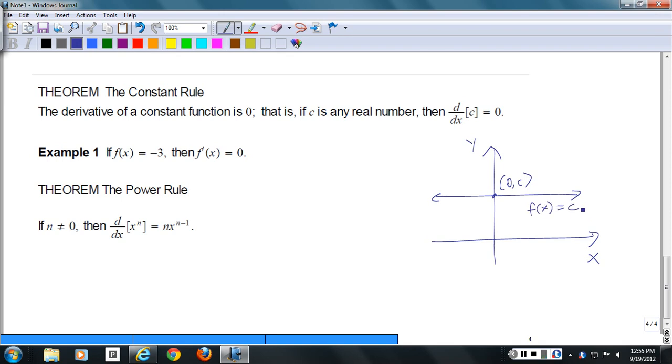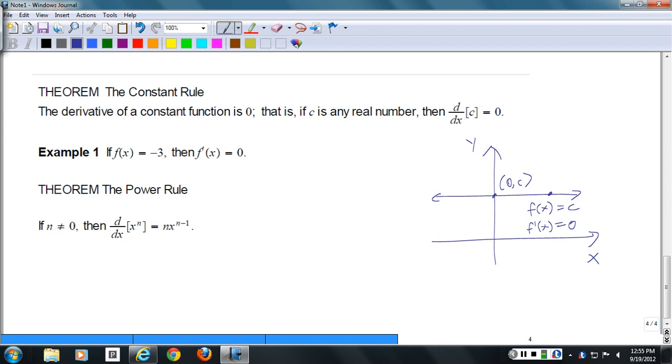If I pick any point on this graph, and then consider the tangent line, what's the slope of the tangent line? 0. It's the same as the slope of the graph itself. If you have a linear function, the slope of that line is the slope of the tangent line. So f prime of x is going to be 0 for any constant function.